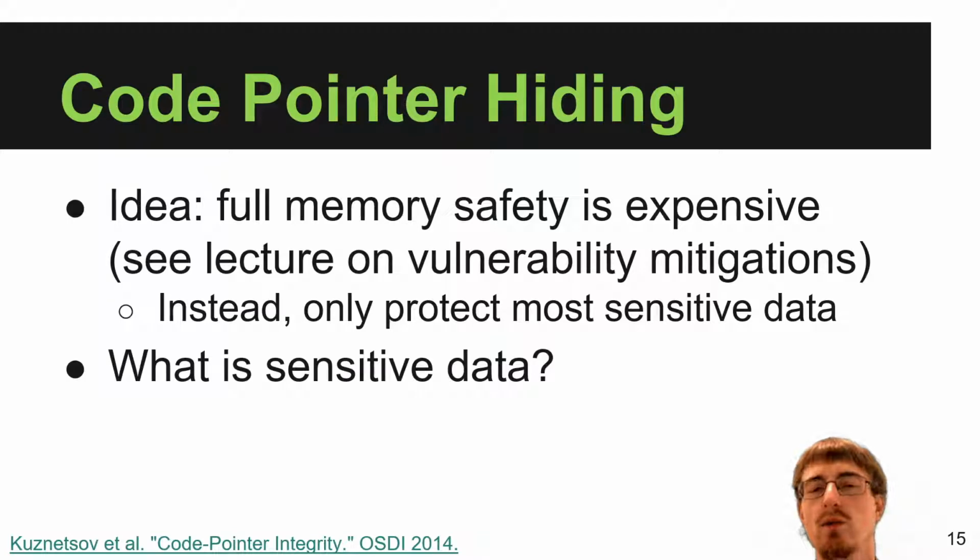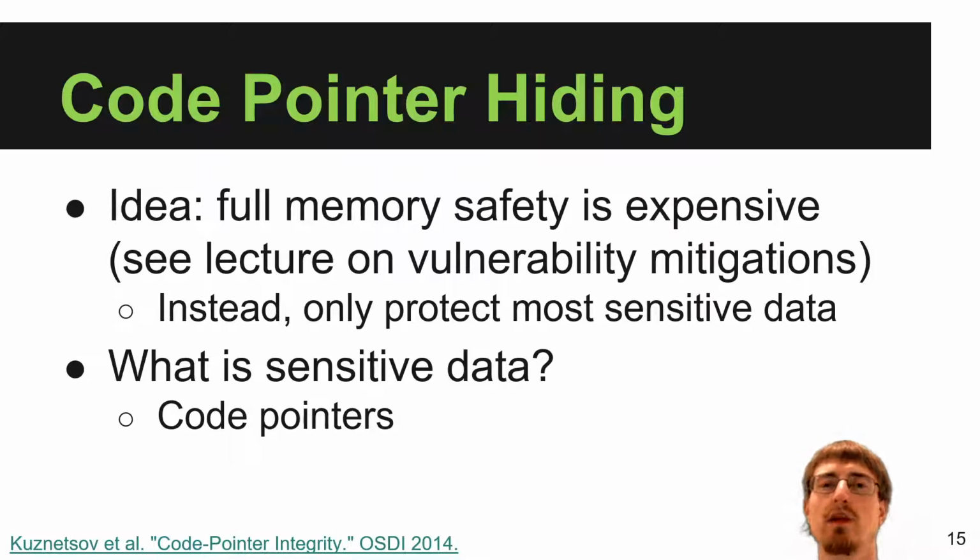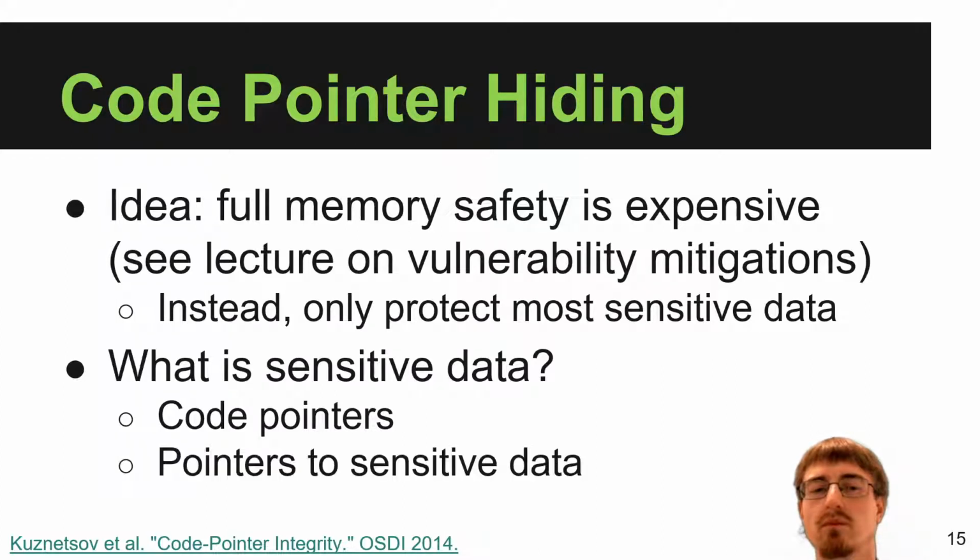Now, you ask, what is the sensitive data then? Which is the data that we care so much about? Well, since our goal here is to prevent arbitrary code execution, and we've already blocked shellcode using write XOR execute, the most sensitive thing is actually the code pointers. Because if we cannot change a code pointer, then we cannot execute arbitrary code.